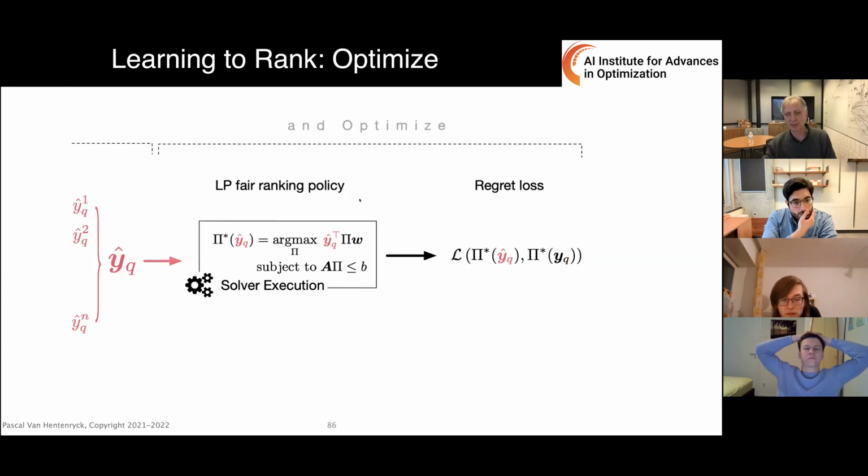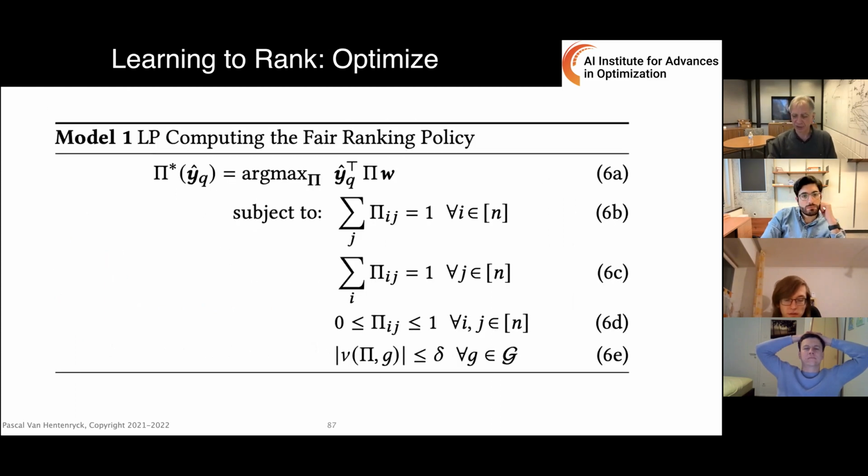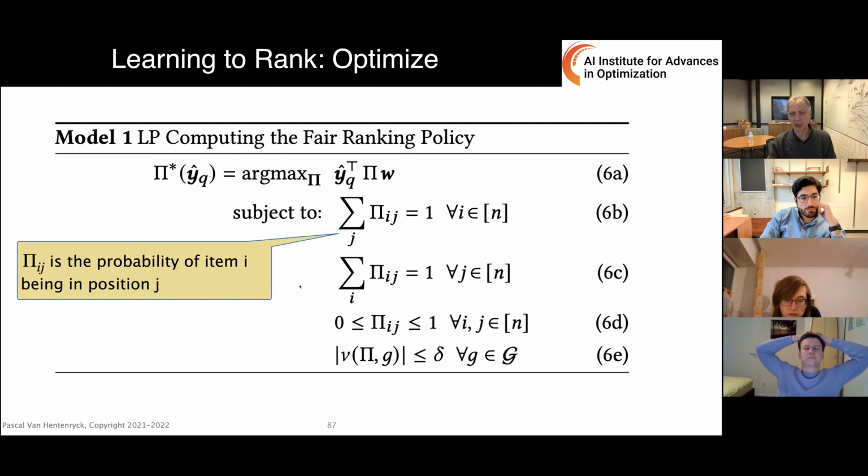Then these scores can be used in an optimization algorithm to find the ranking policy, which is a doubly stochastic matrix, where P_ij is the probability that item j is in position i. And the interesting point is that you can also put in these fairness constraints, which bound the difference between different groups and the general set of items.